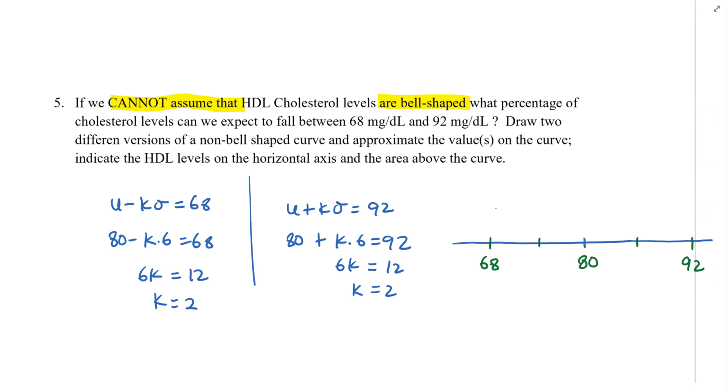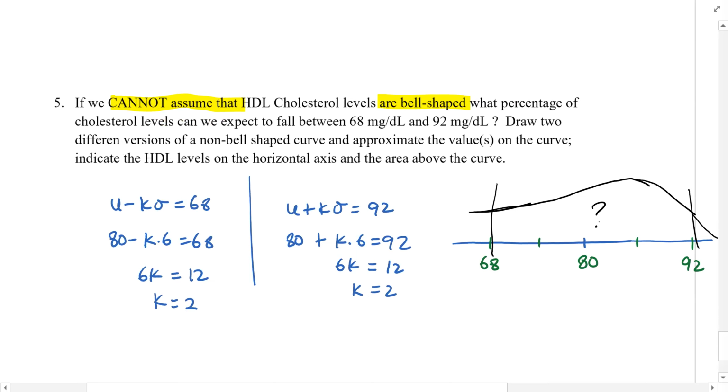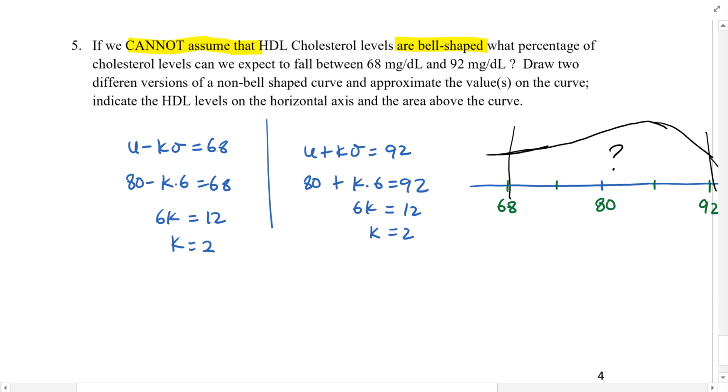What proportion from here? It's not bell-shaped, it could be somewhat skewed. That's not the empirical rule, and it's not symmetrical. It could be something like this. I want to find the area from here to here, the probability. According to the rule, for k equal to 2, you can use either one of those to find your k.